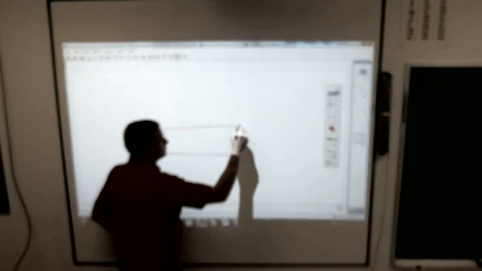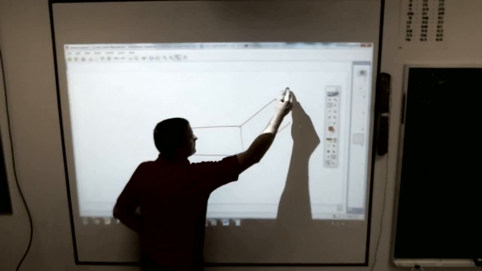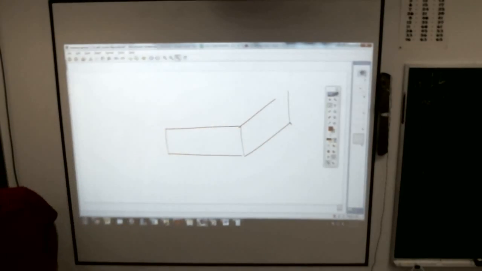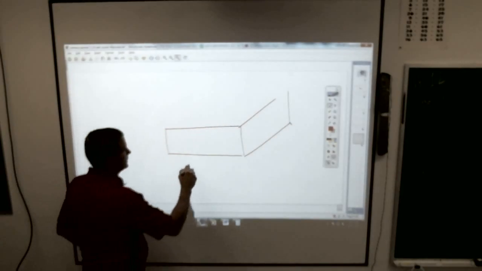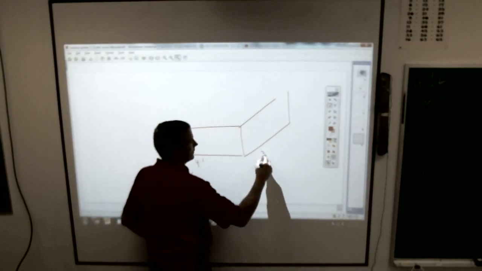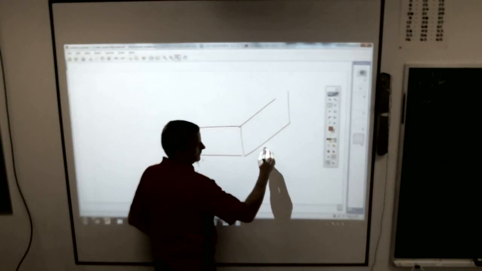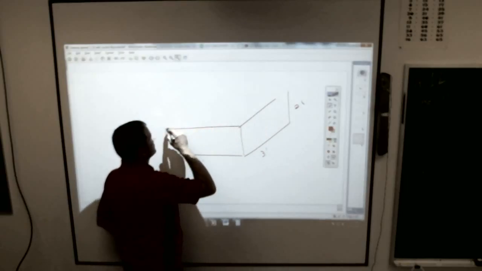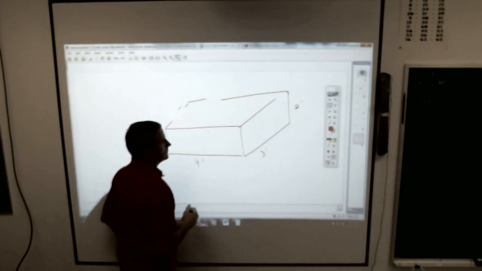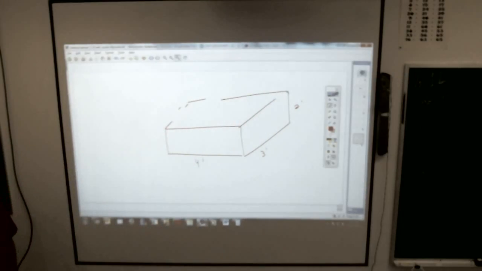Let's do this. What are the dimensions of this? 4 feet, 3 feet, 2 feet. Let's get a little crazy here. It says what?